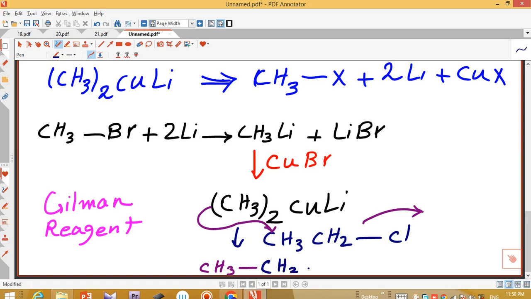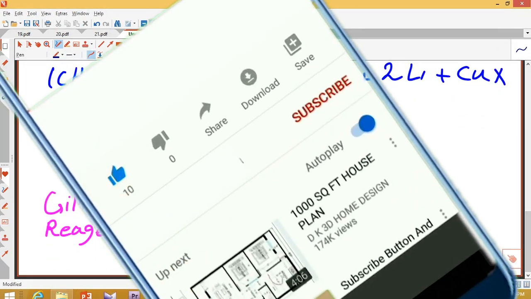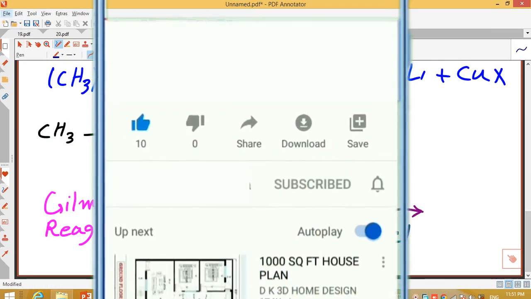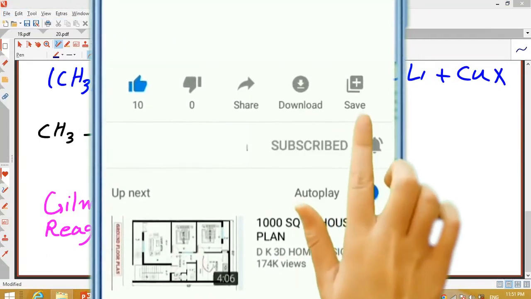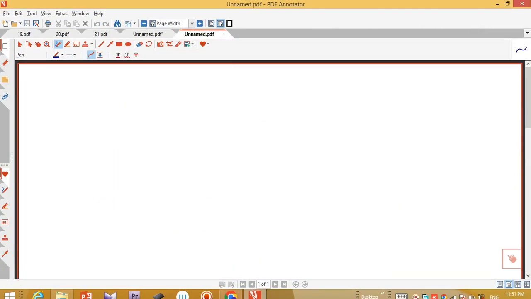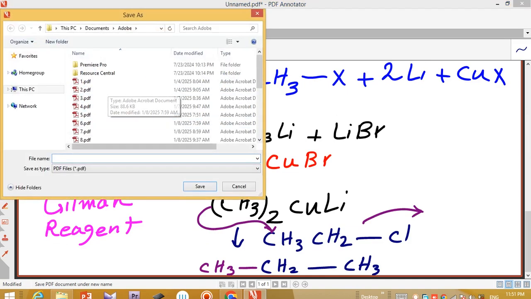So this is propane and this is our product, and our other product is very simple, which is methyl copper along with lithium chloride. But it is not very important; only writing down propane as our final product is enough. Okay, so let's talk about another example that may come in your exam.